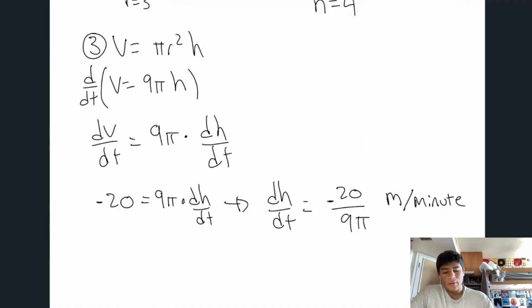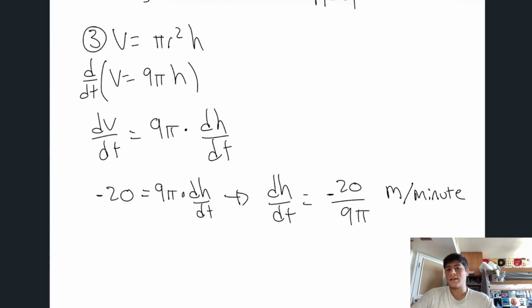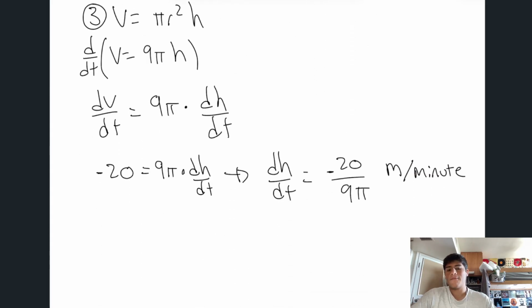And the problem is asking how fast is the water level in the tank dropping? Well, if it's a negative rate, that would mean it's actually filling up, because it'll do the opposite. So when you answer this with words, you want to make the negative 20 over 9 pi positive, because that's the rate that it's dropping.